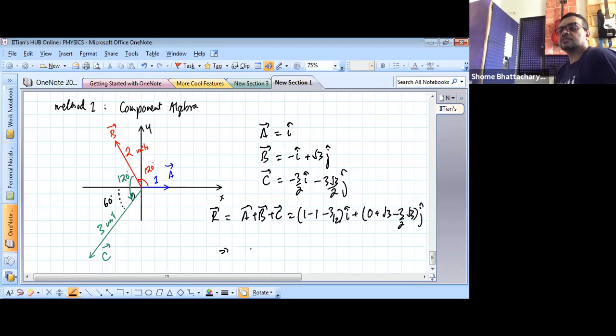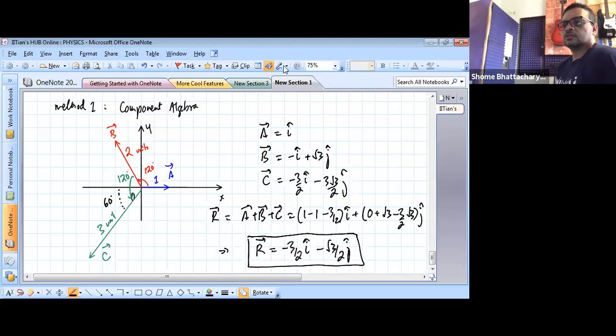So we can see that the resultant will be this vector. It will be minus 3 by 2 I cap minus root 3 by 2 J cap. So once we got this, now we can find out its magnitude and the angle with respect to the x-axis. So just note down this much first, then we'll do the calculations for resultant and angle.